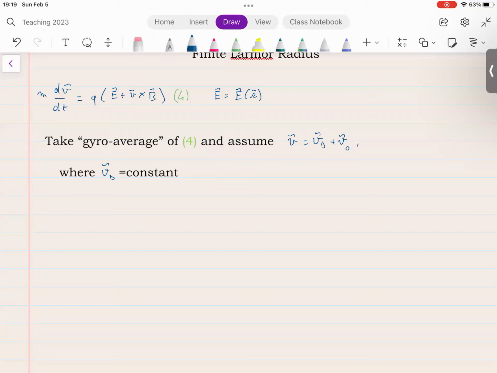Then taking my average and skipping some steps, I get on the left-hand side m times the derivative of the drift velocity, which is going to be equal to the average of q times (E plus v drift cross B).